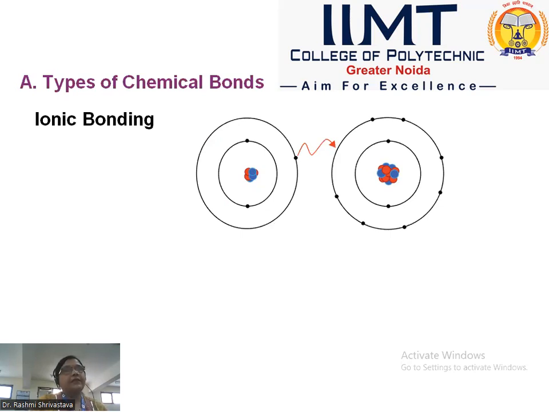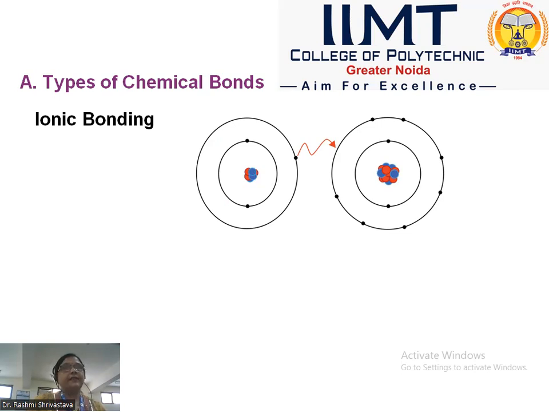The metal atom has one or more extra electrons, which it is capable of donating to the other atom, and thus the metal atom is converted into a positive ion. It is highly electropositive in nature and is known as the donor atom.